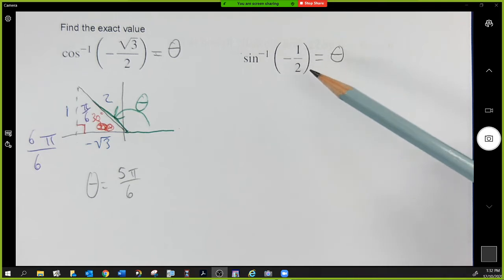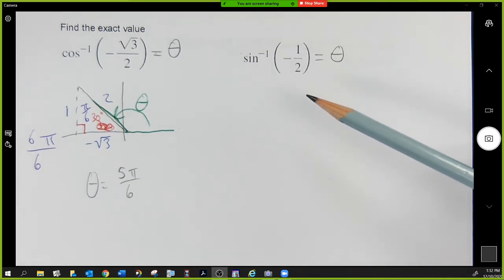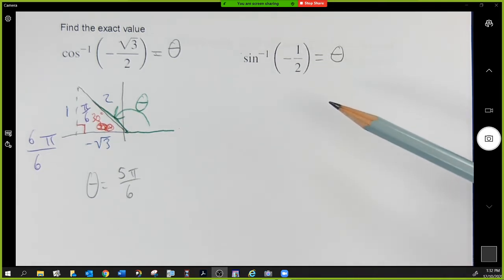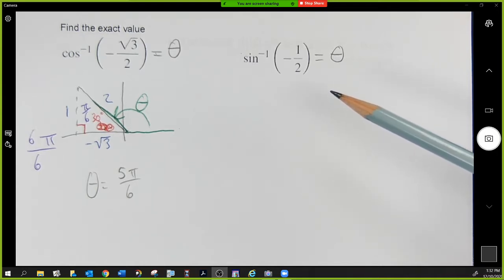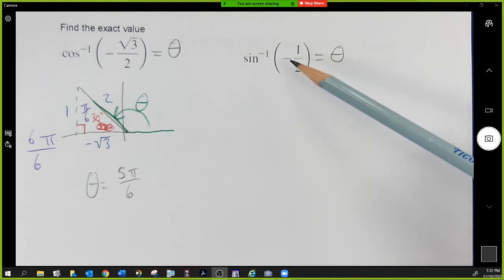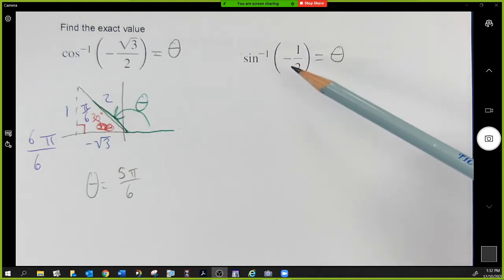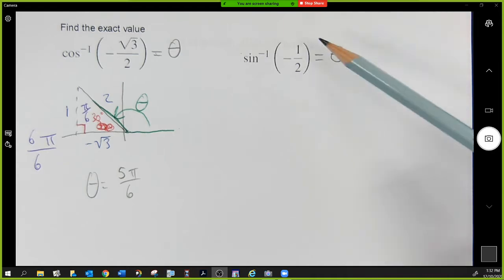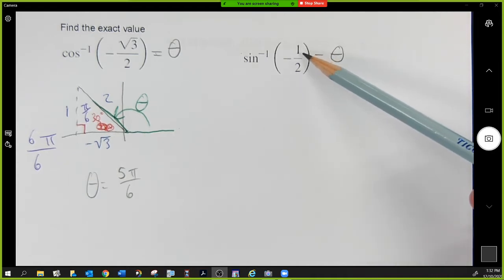So sine inverse, like we talked about right before we started the lesson, can only return values in quadrants 1 and negative 1. The fact that it's negative tells you instantly which of those two quadrants you must be in, because sine is y over r. It's telling you the y value is negative. Forces you into quadrant negative 1.